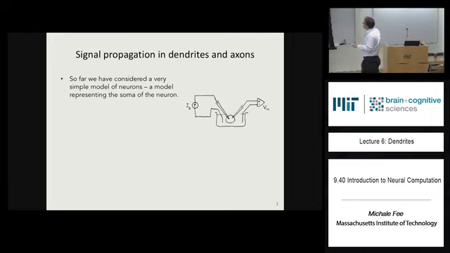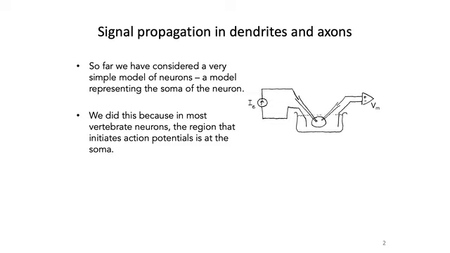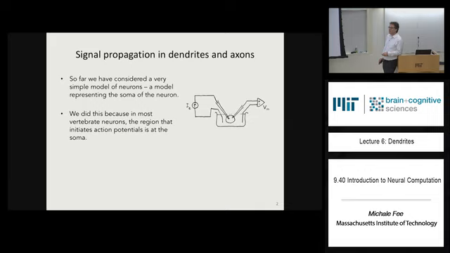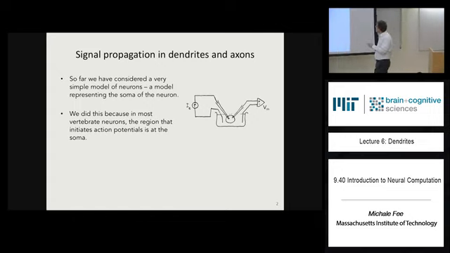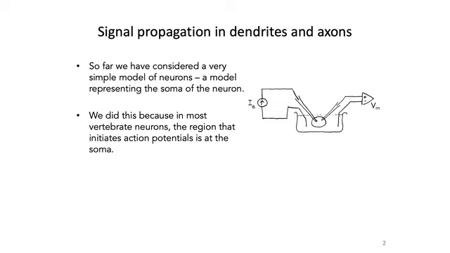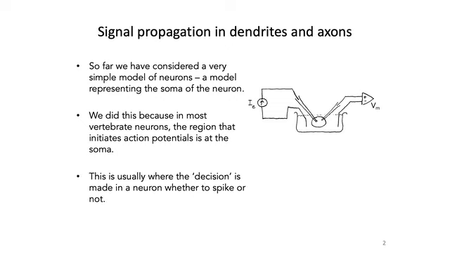The reason that we've been doing that is because in most vertebrate neurons, the soma is the site at which the decision to make an action potential is made. So all kinds of inputs come in, and then the soma integrates those inputs, accumulates charge, reaches some spiking threshold, and then generates an action potential. And so that's where the decision is made about whether a neuron is going to spike or not.